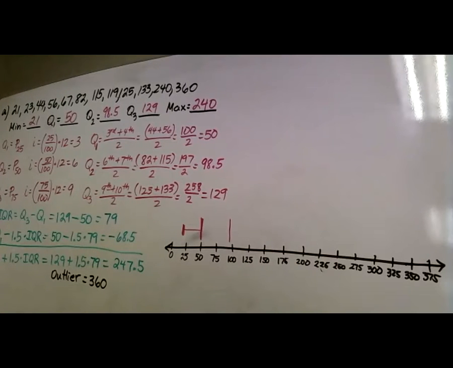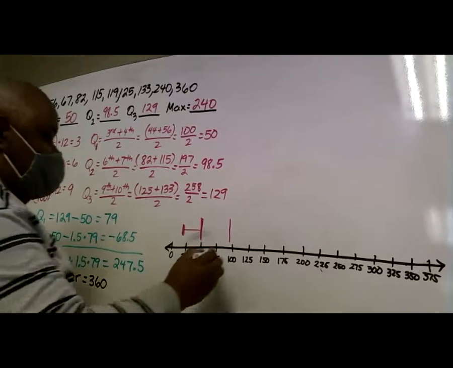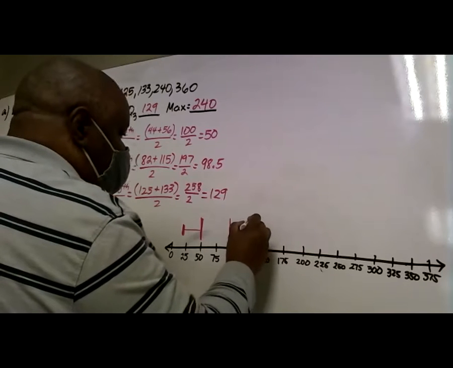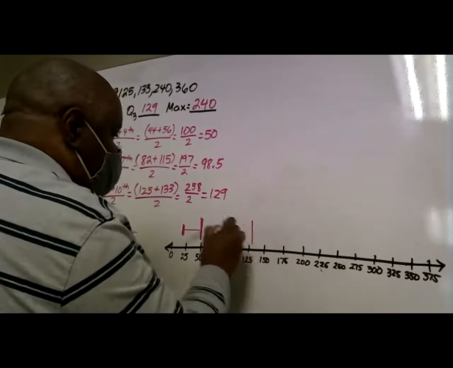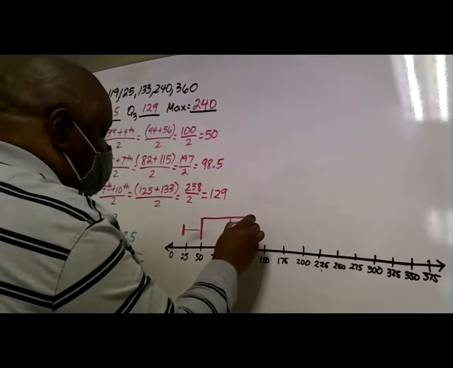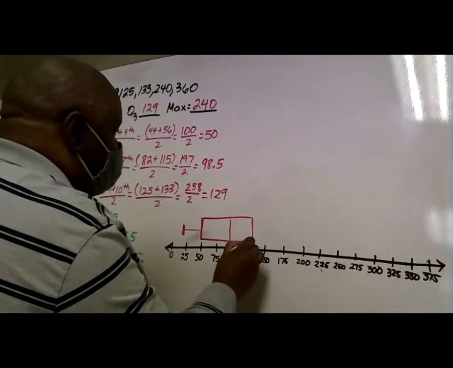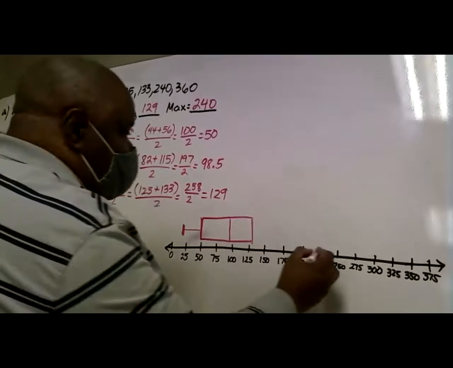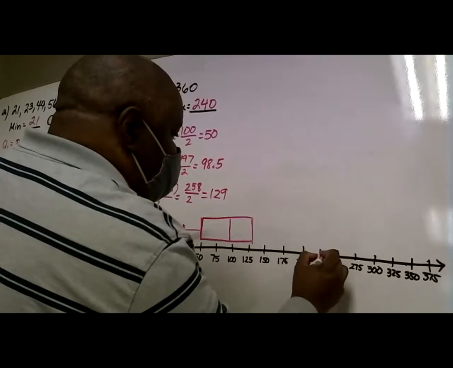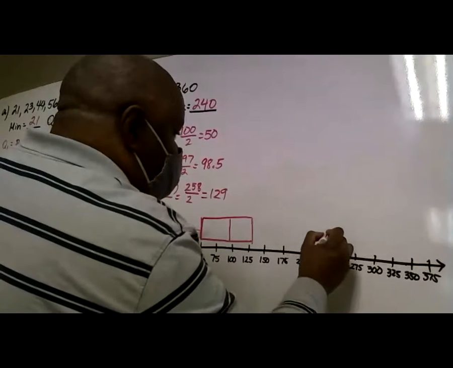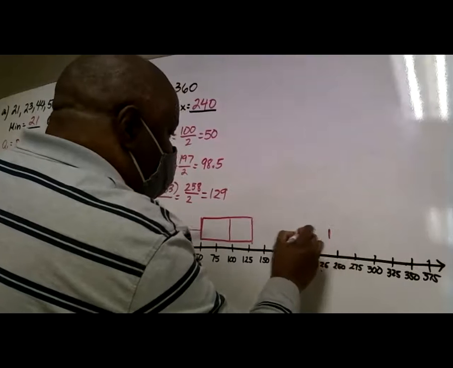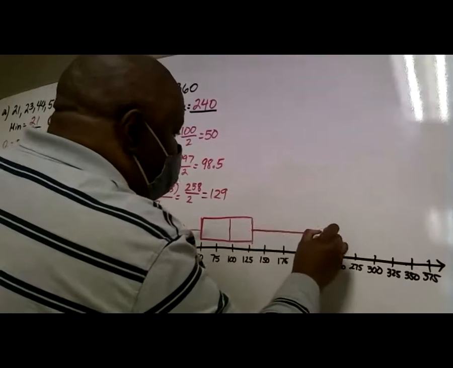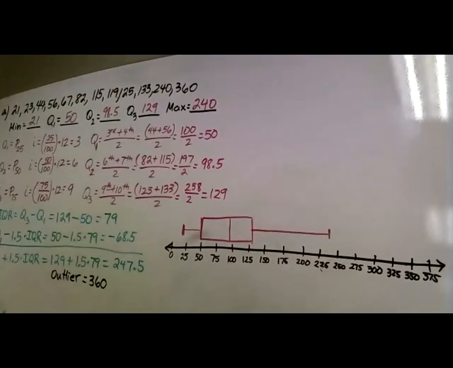And Q3, 129, a little bit past 125, so I'll put it about right here. This represents my box. The maximum is 240, way over here, connecting Q3 to that maximum point.